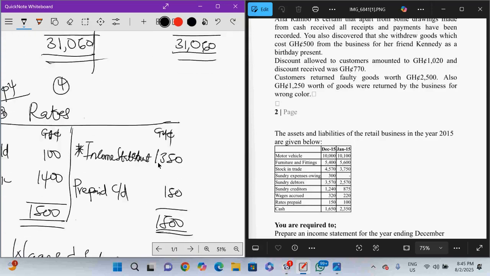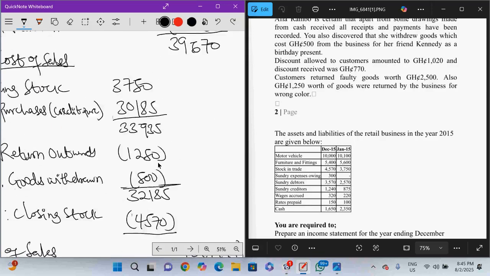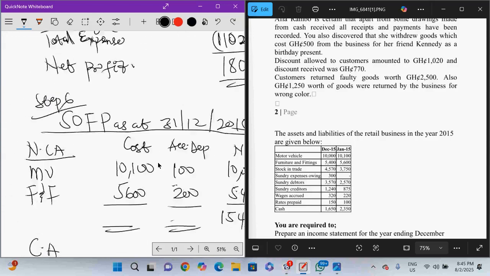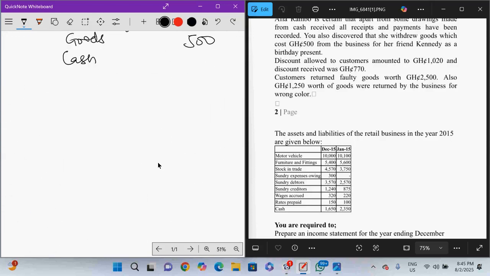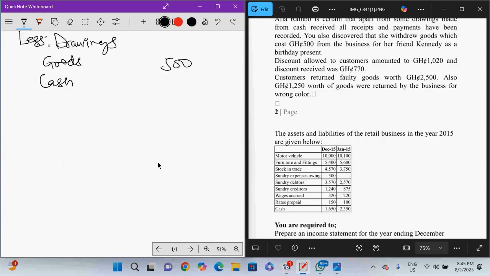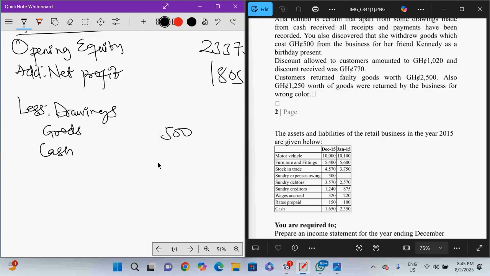Difference will go to cash drawings. 1,200. So if you add the two, 1,700.